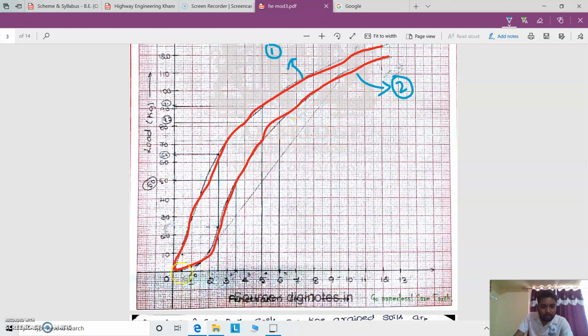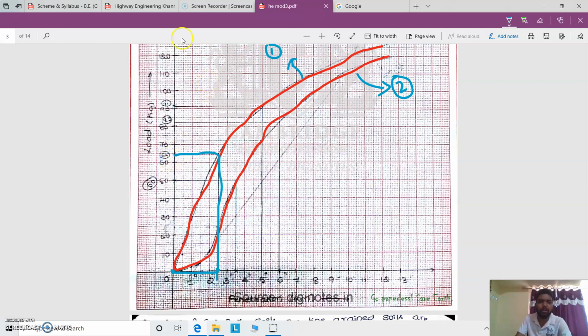Here specimen 1 does not need any correction because it has a straight, continuous path. We don't have any convexity at the initial stage. So in this case we can take the origin, and from 0.2 to 2.5 we can measure. From 2.5 it is erected to the curve, and then we can erect to this one. Then we will get the load values.